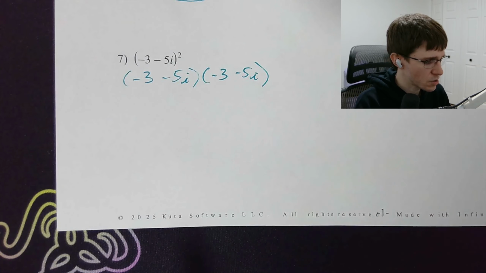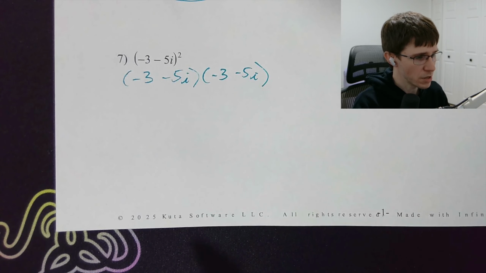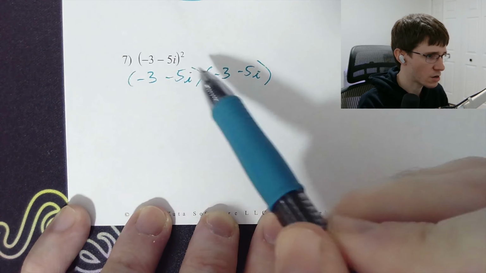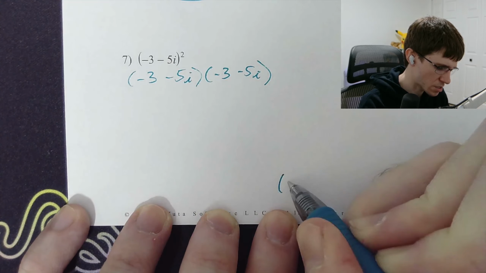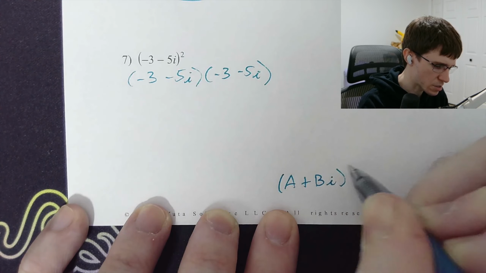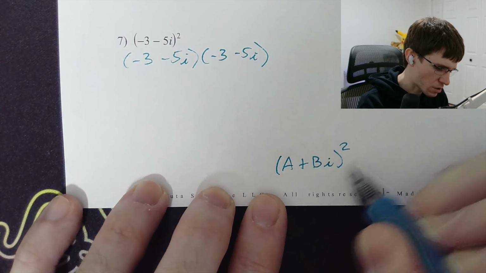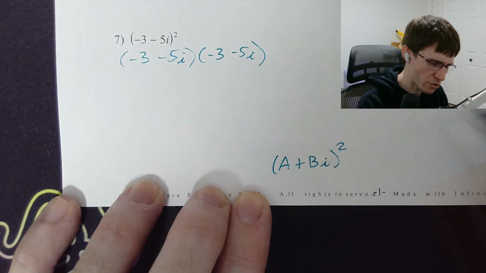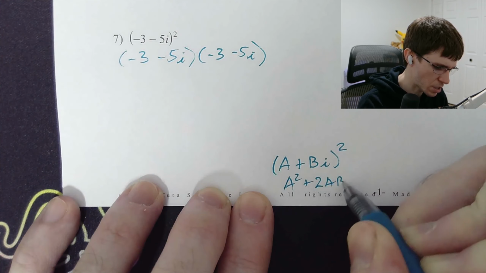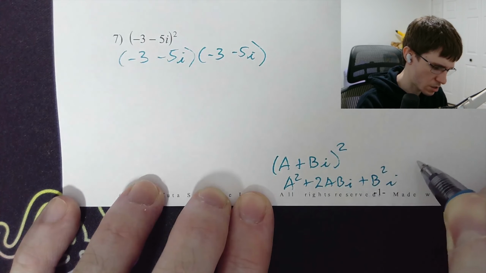But on this one, you could do a nice memorization. The nice memorization is going to be this. If you have anything with an i on it squared, so we're going to take this as a plus b with an i on it squared. What that is going to end up being, using our formula, hopefully we remember from days gone by, is a squared plus 2abi plus b squared i squared.